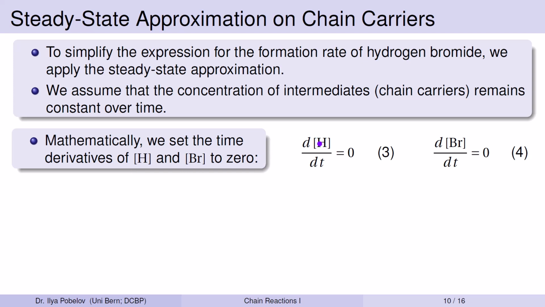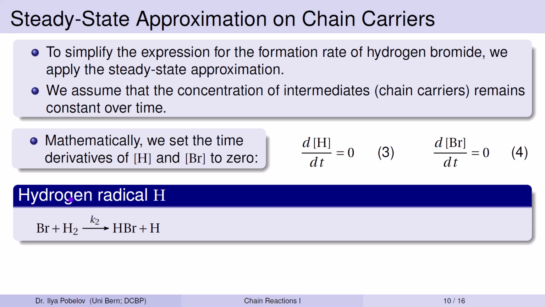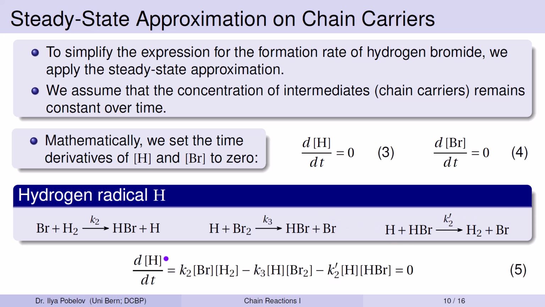We again identify the steps in which they are produced or consumed and include the corresponding rate expressions into the rate equation. For the hydrogen radical, we consider its formation in reaction 2 and its consumption in reaction 3 and reverse reaction 2. This leads us to the following expression.